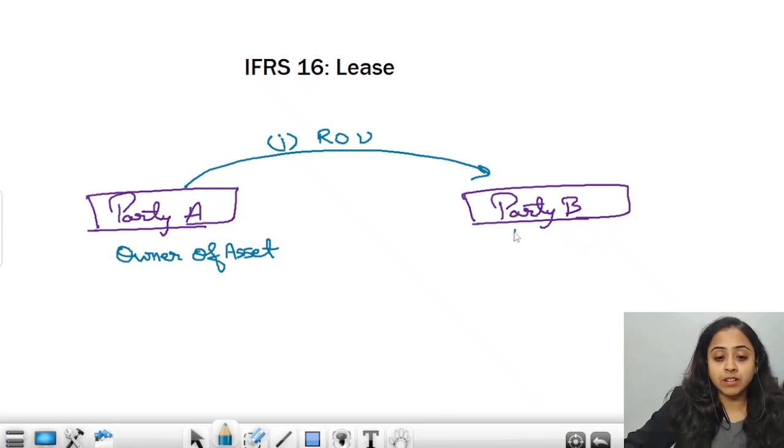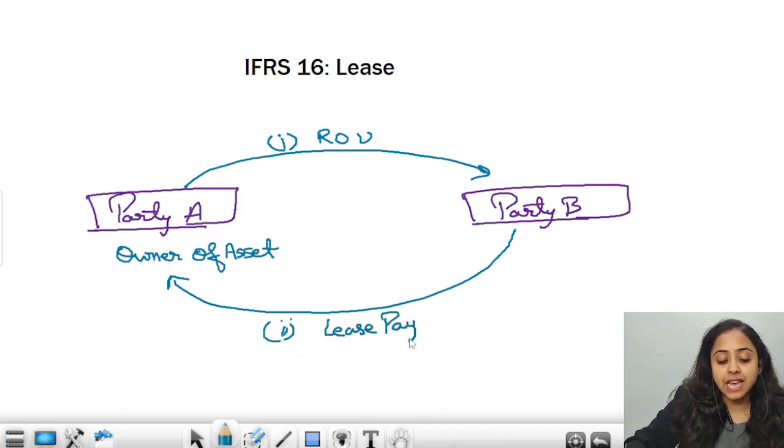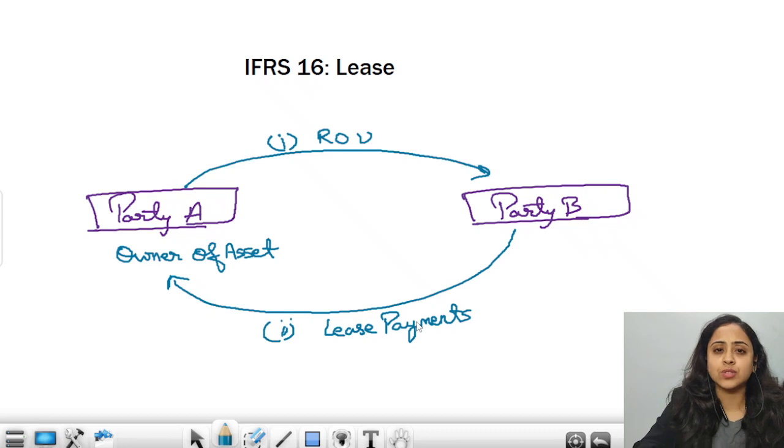For this, party B has said that, okay, in return, I am promising you to make lease payments. Okay, these can be annual, biannual, every 3 months or monthly or 15 days per week, whatever the agreement is. It is a periodical payment and party B has agreed to pay these lease payments.